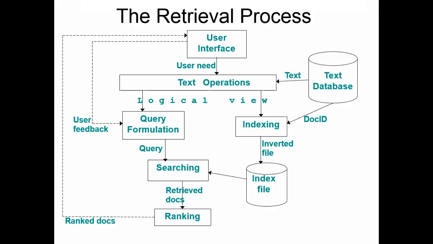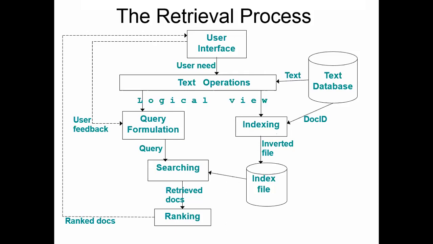We need also the text operation for defining the user's query. The users are providing through the user interface their information need. Their information need should be converted into a query to make it ready for searching. To convert the information need of the users into queries, we have to apply the text operations.